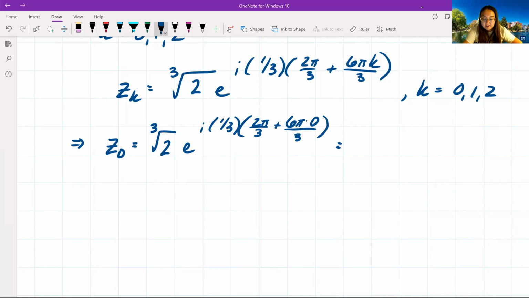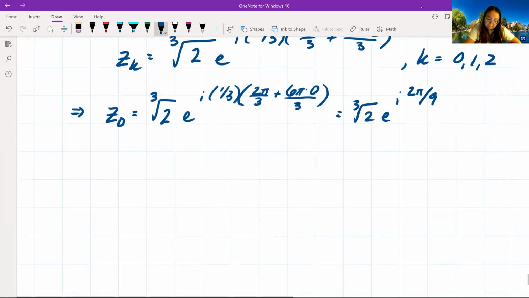So simplifying this now, we still have our cube root of 2 times e to the power of i, or 6 pi times 0 over 3, that's just going to be 0. And we have 2 pi over 3 divided by 3, which gives us 2 pi over 9.